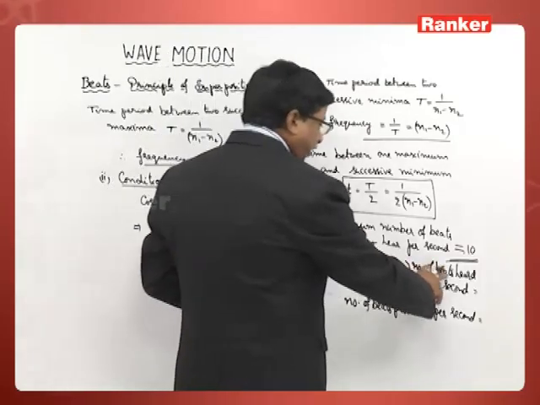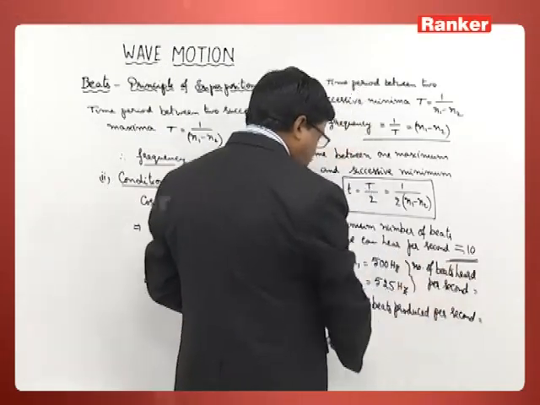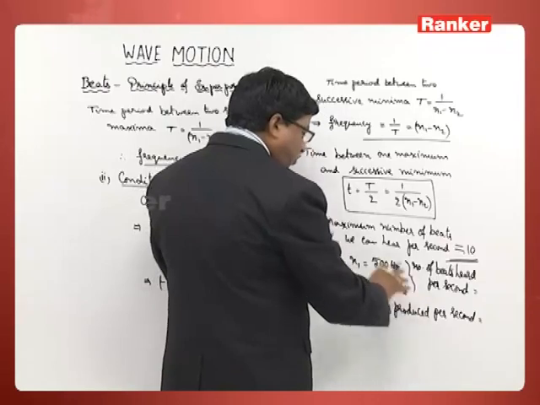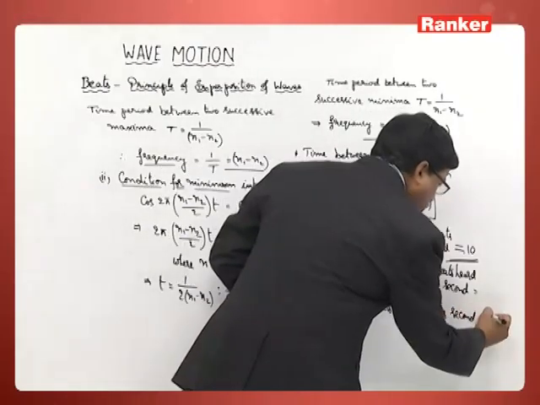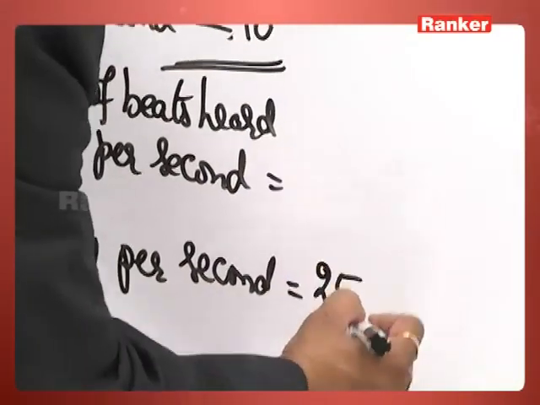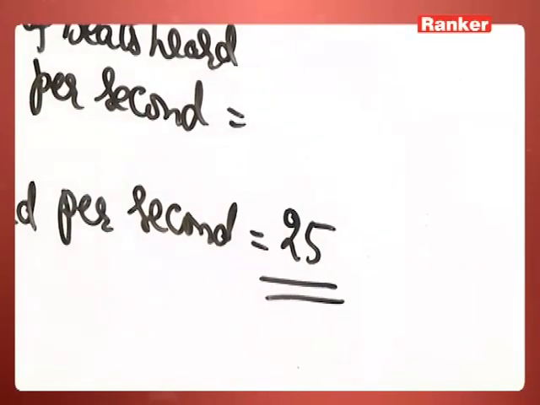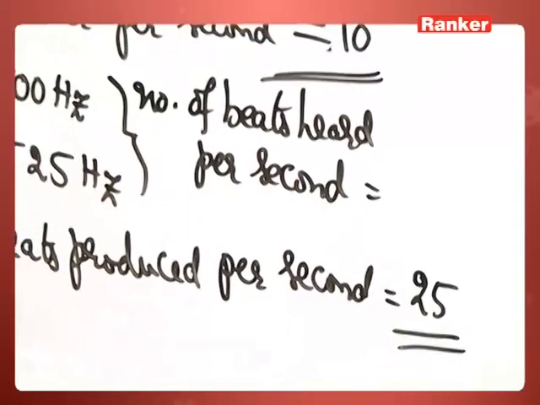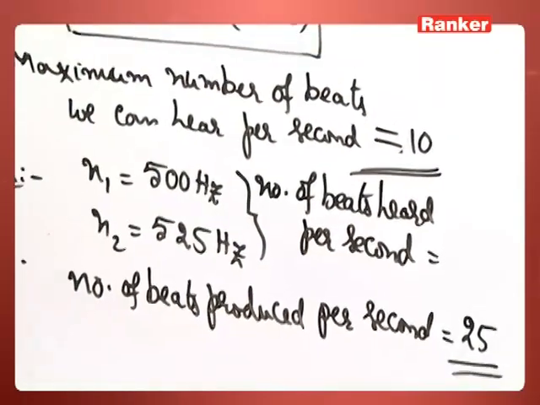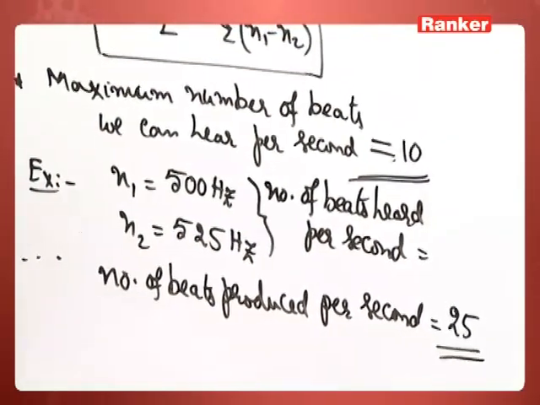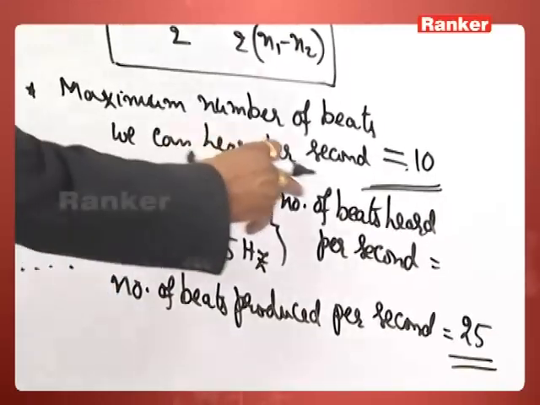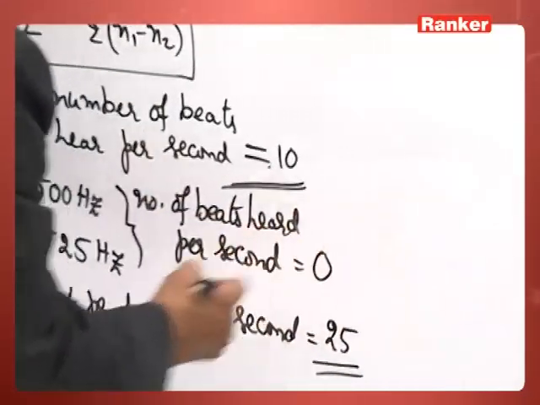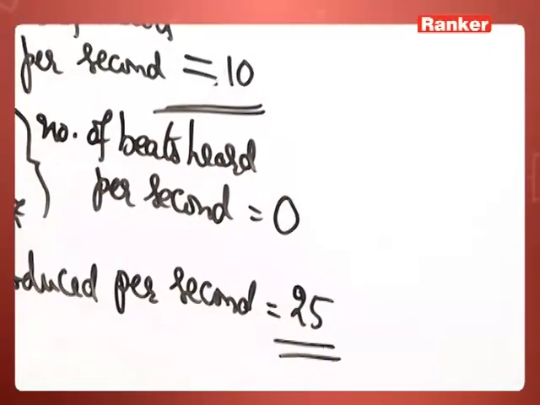Number of beats heard per second, how much? Number of beats produced per second, how much? Produced per second we can say 25, very simple, because the difference of these two frequencies itself is the number of beats produced. But how many we can hear is the question. Your answer should be 0.